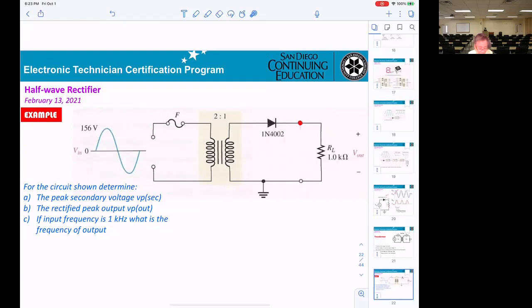And positive will be, we already know, 156 divided by 2, minus 0.7. That is a rectified output. If the frequency is 1K, what frequency out? We already know, the same frequency, 1K.